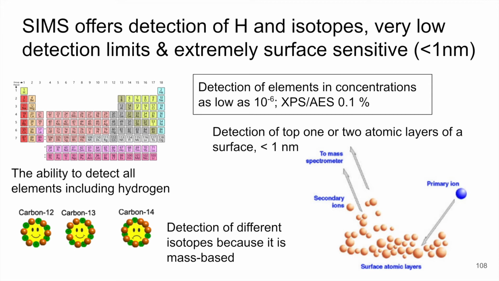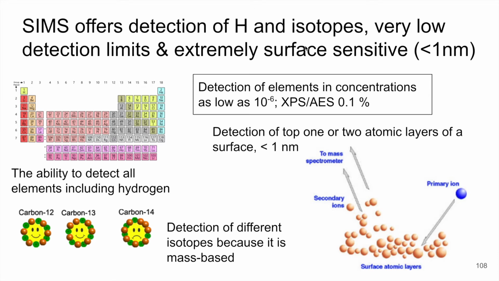All right, and so some of the reasons we choose SIMS as opposed to other techniques or in conjunction with other techniques is because it gives us some things that we can't get in other techniques. First of all, it detects hydrogen, and that's a big one.